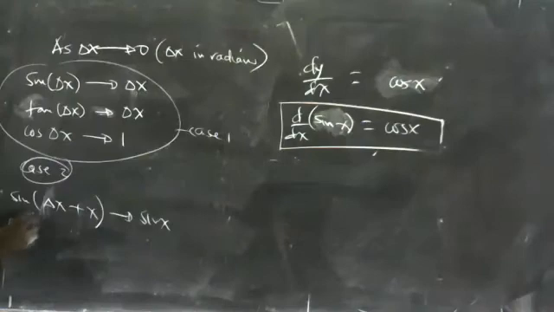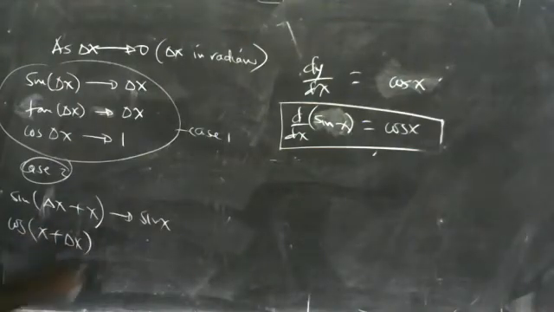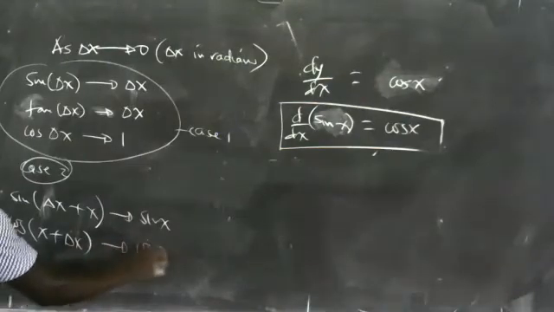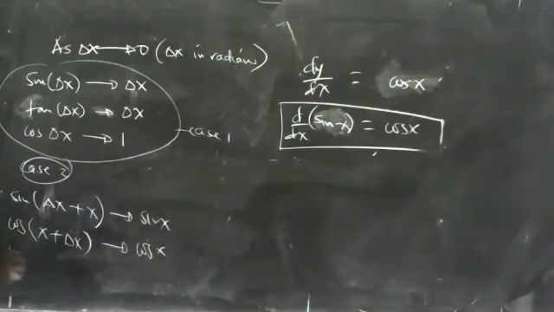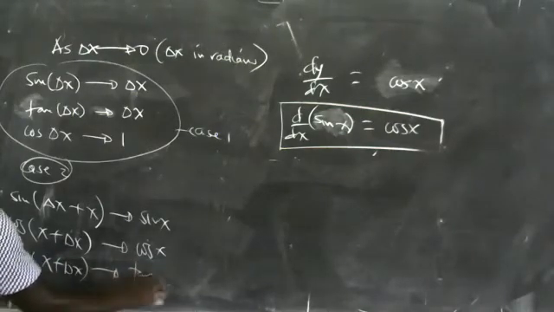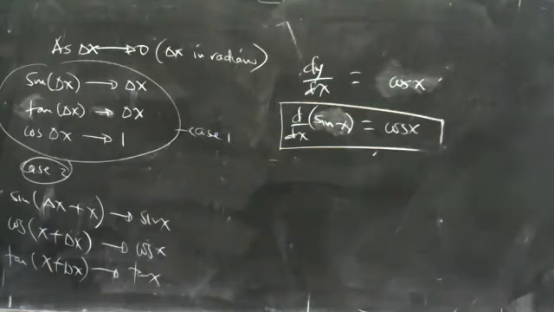If you have cos of x plus change in x, then you get cos x. And if you have tan of x plus change in x, then you get tan of x. Basically, this is what we are applying.